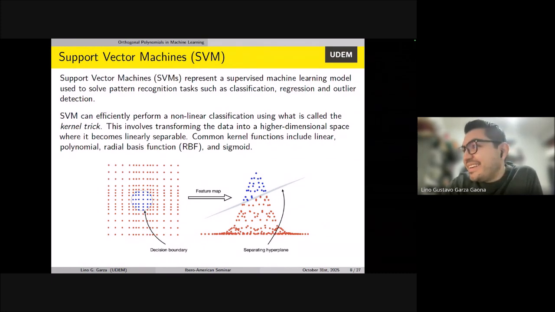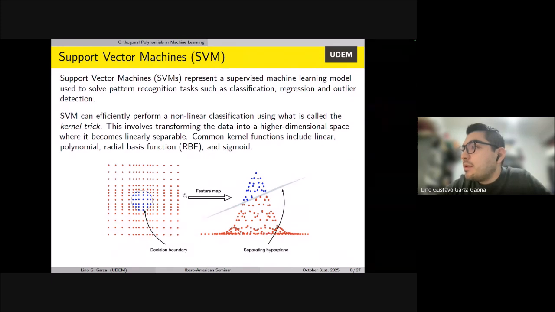So here's where the support vector machine comes in. The idea is to take these points to a higher dimension and make them separable with a hyperplane, like in this picture.